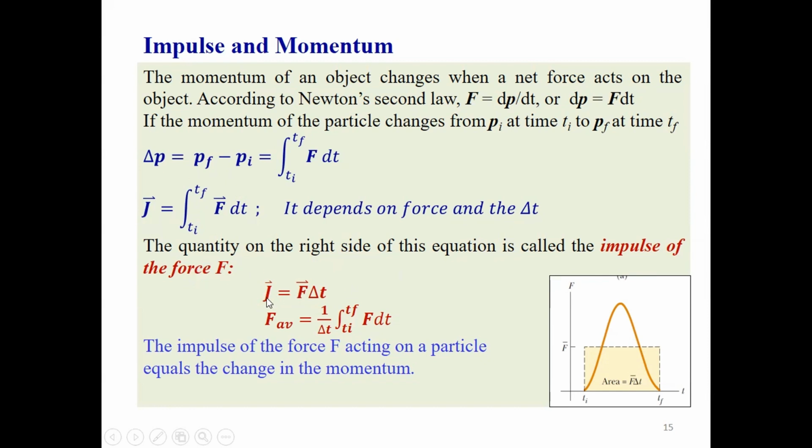Roughly speaking, the impulse is equal to the force multiplied by delta t, or the average force is defined as 1 over delta t times the integral from ti to tf of F dt. So the impulse of the force acting on a particle is equal to the change in the momentum from the initial state to the final state.